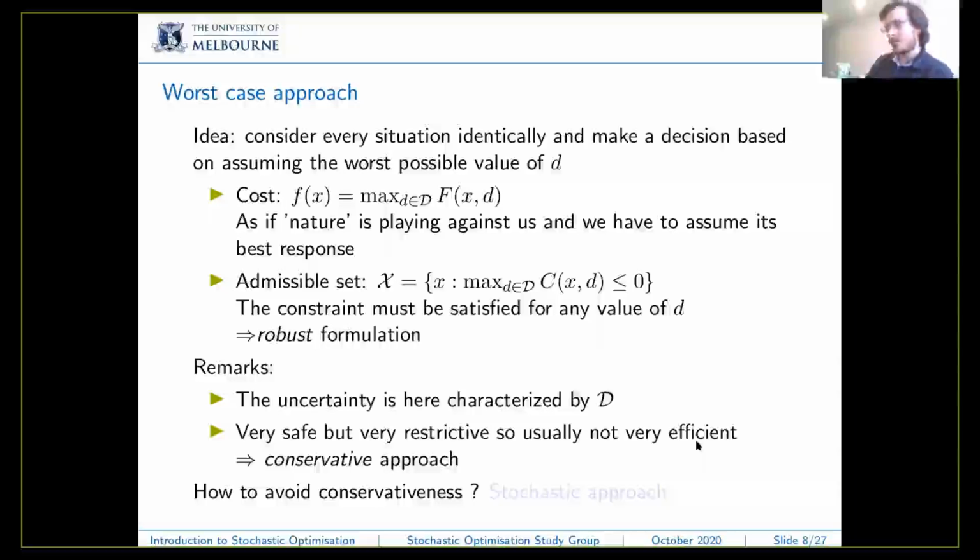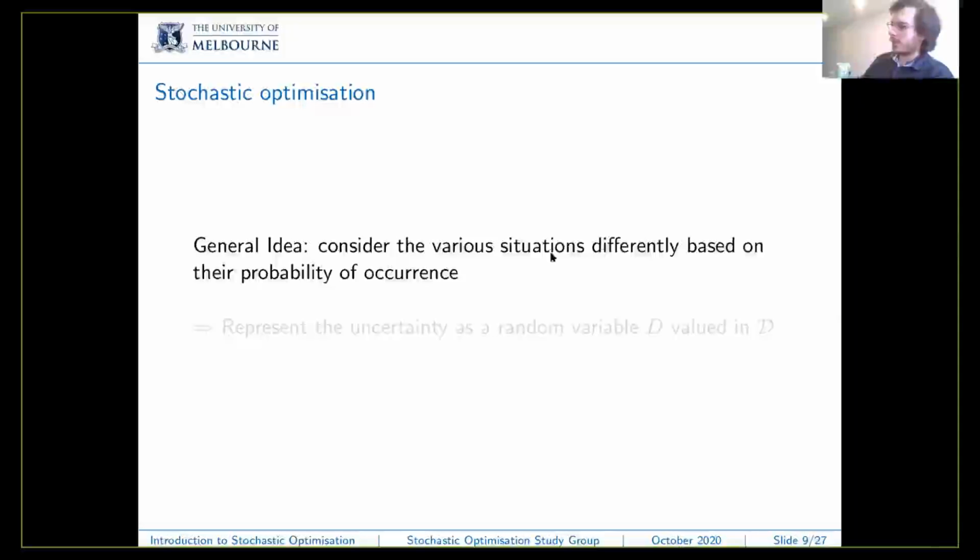One very typical way of doing this is to have a stochastic approach. Now I'm going to present different types of stochastic optimization programs. First, the general idea of stochastic optimization is to consider that the situations that occur, the values of the uncertainty, are actually different because they have a different probability of occurrence.